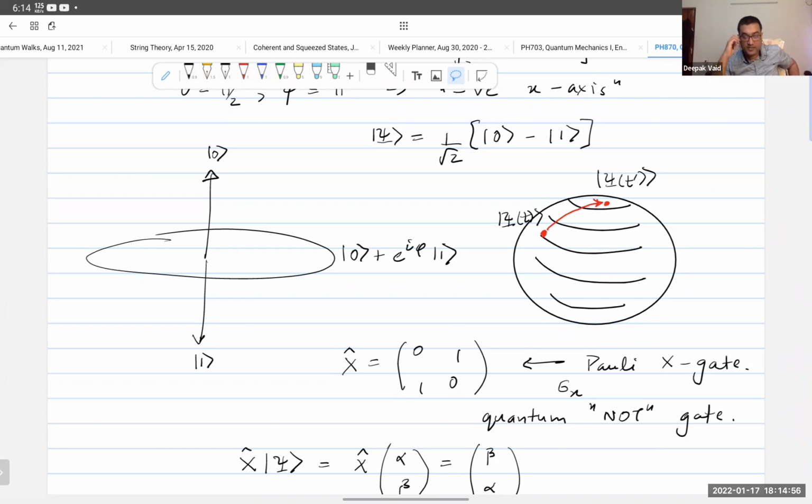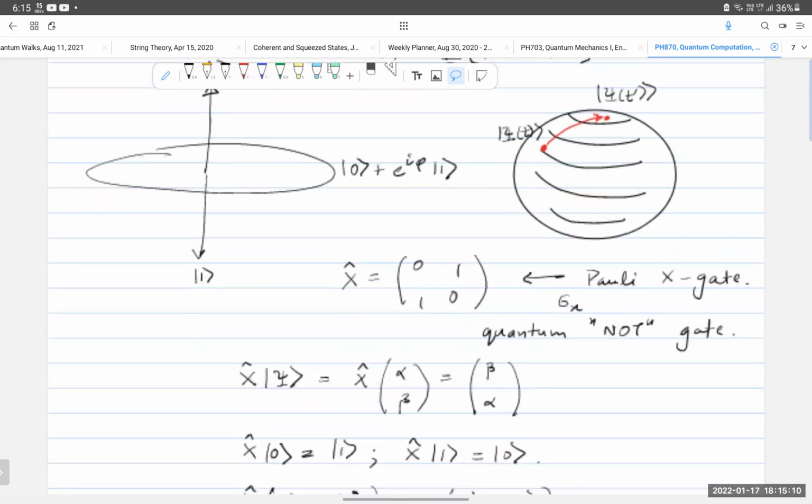It's a matrix, a 2 by 2 object. So it has more degrees of freedom than just the state, obviously.